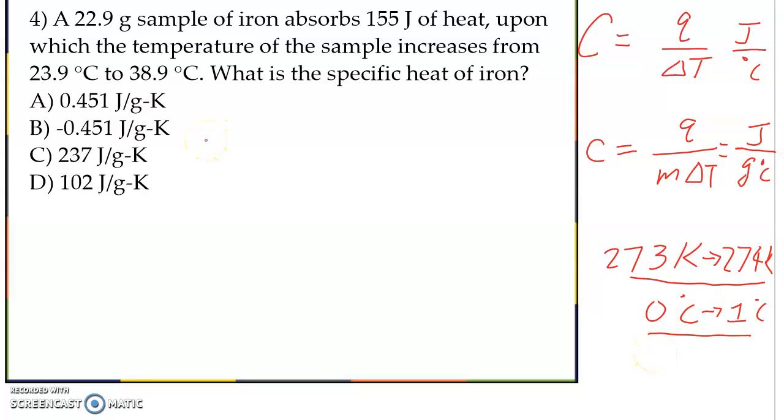Okay, let's look back to this. What is the specific heat?